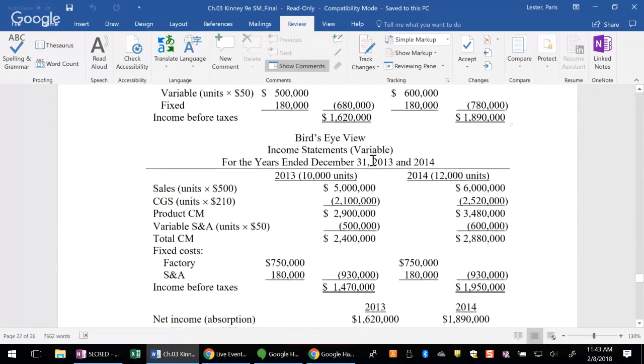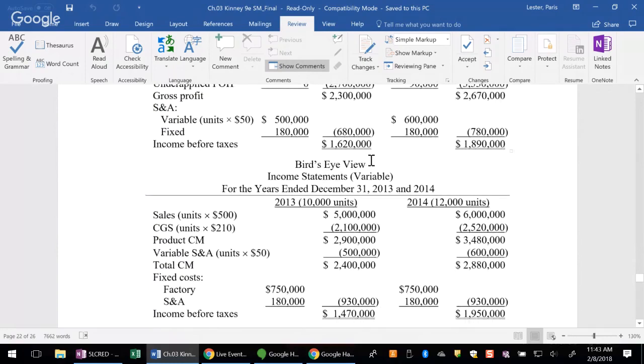Now we're going to take out fixed costs. Up here, we have selling administrative 180 for fixed, both methods. But up here, for variable costs, we'll add the 500 for selling administrative. But here, factory costs 750. They give you that. That's in the book, isn't it?